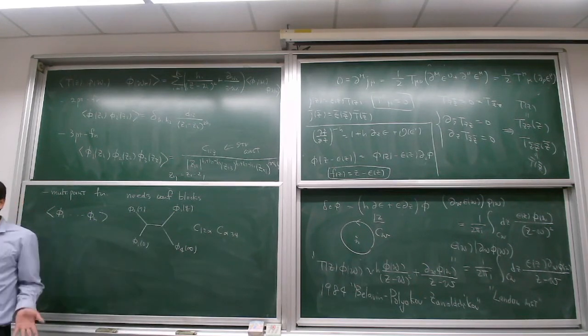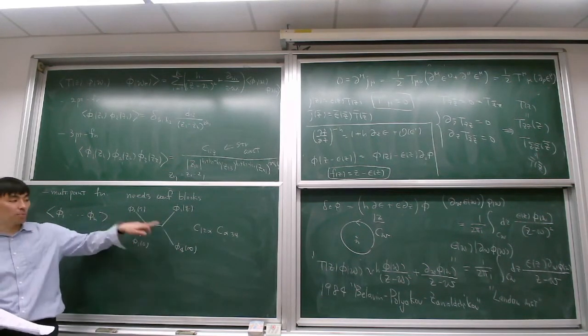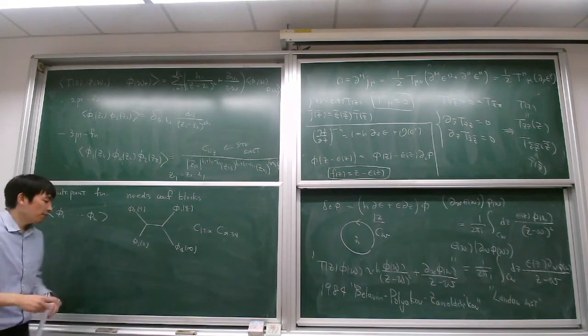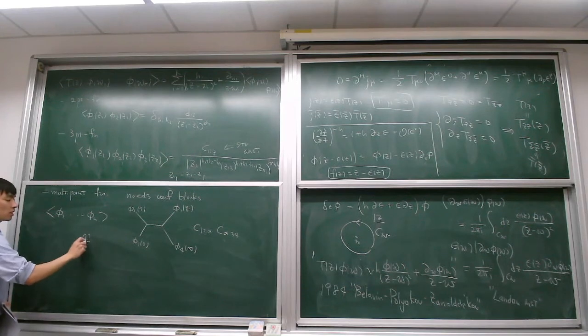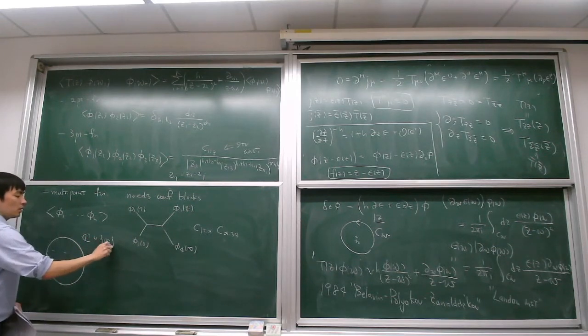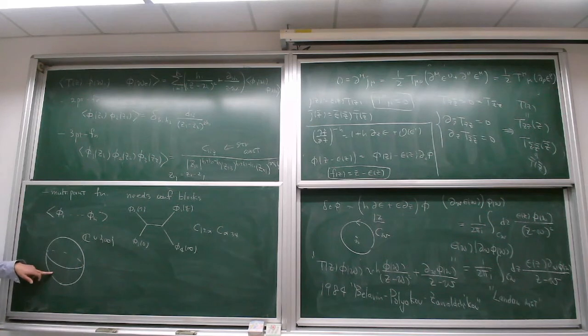By using conformal symmetry, one can fix 3 points at the positions 0, 1, infinity. Infinity means, in C, by the Riemann map, C plus infinity is the same as the 2-sphere.